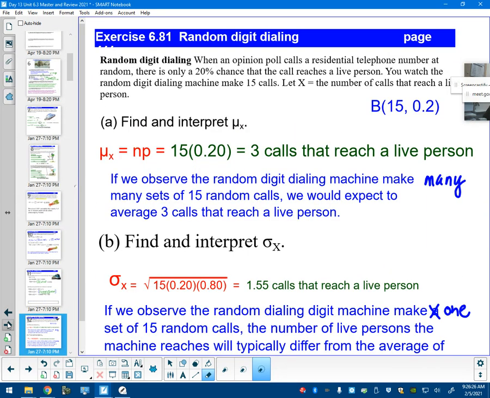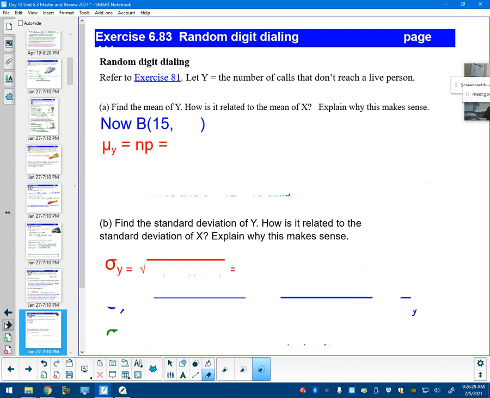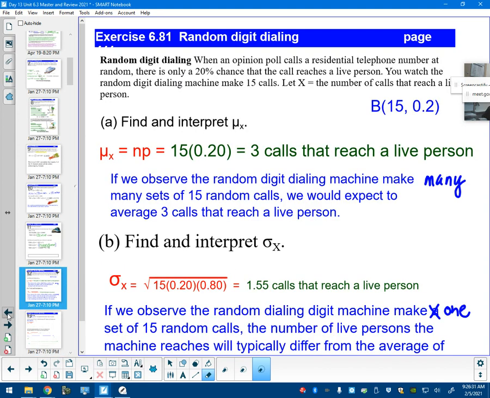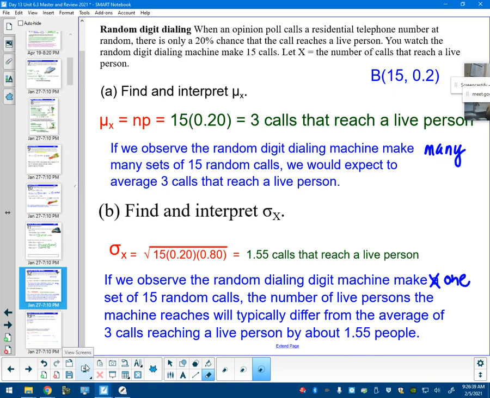All right. So we're going to go to 83. 81 says if there's a 20% chance that you reach a live person, find the mean and the standard deviation, and make sure that you interpreted those. Number one, make sure in 81 that you have two sentences. But number two, make sure the sentences are correct.